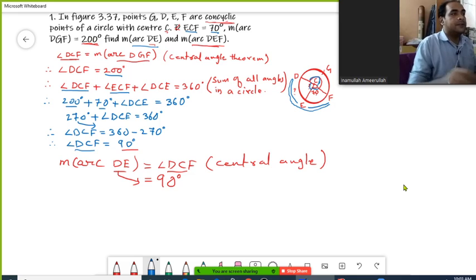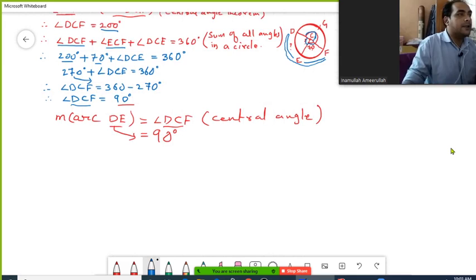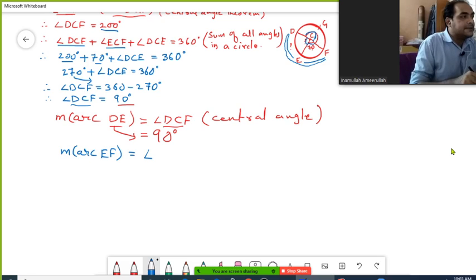So first we need arc EF. So how can we get arc EF? So arc EF is inscribed by the central angle, which is 70 degree. So its corresponding intercepted arc will also be 70 degree. So here you will mention that major arc EF is the same as angle ECF.